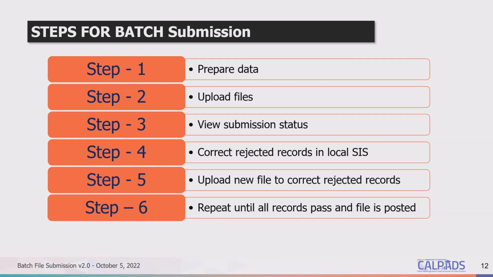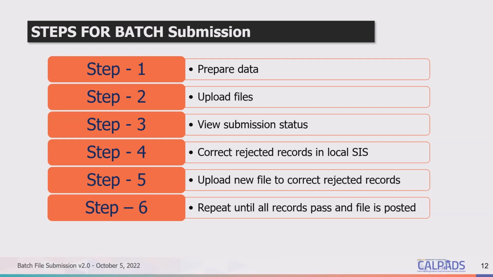If there are rejected records or failed records that lead to a rejected submission or a rejected file, you would move on to step 4, which requires you to correct those rejected records in your local SIS or your local SEDS system. Once you make those corrections in your local system, you start the process over again.